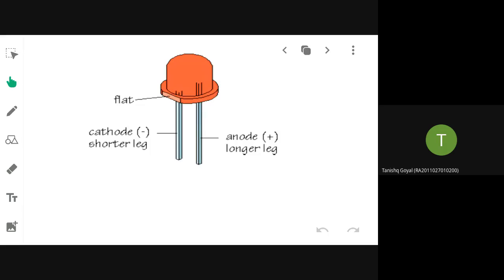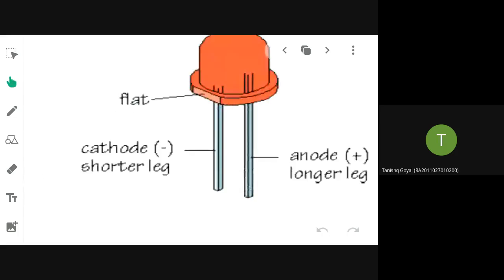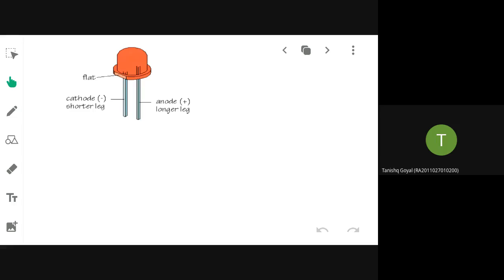If you look at the construction here also, you will have a cathode and an anode combination. The longer leg will be the anode and the shorter leg will be the cathode, and you will have a visible encapsulation so that it gets protected.